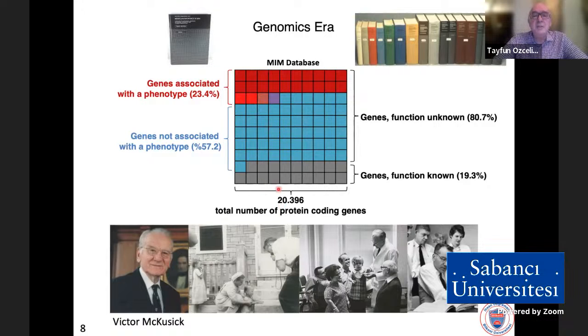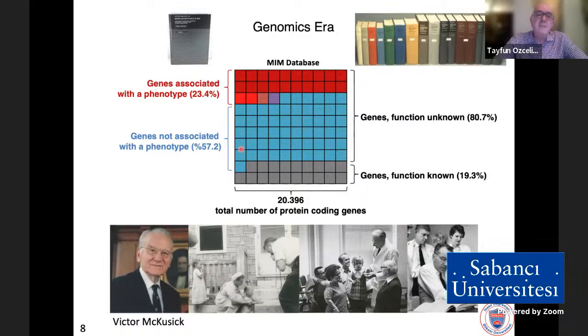When we look at the numbers today, we know that there are about 50,000 human genes, 25,000 of them protein coding genes and 25,000 of them RNA genes. When you look at this total number of 50,000 genes, the function is known for approximately 81% of them, and for around 20% the function of the gene is not really known.